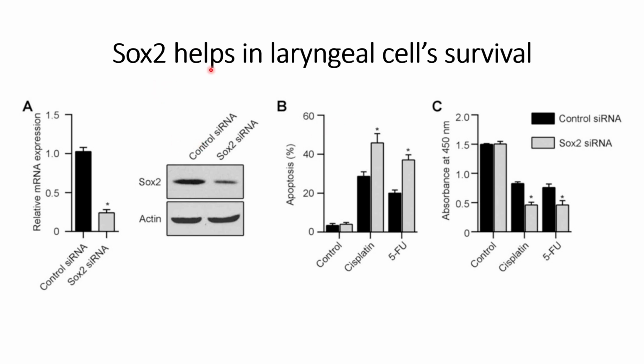So SOX2 seems to play an important role, and this is also in line with the hypotheses they tested. They were able to assume from the previous studies that SOX2 helps in cancer stem cell features in the soft matrices, and that SOX2 in laryngeal cells can directly affect its proliferation and migration abilities.